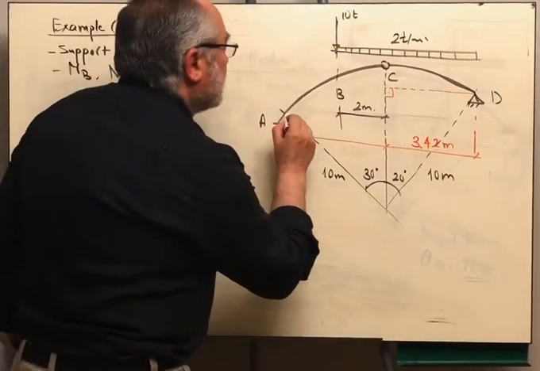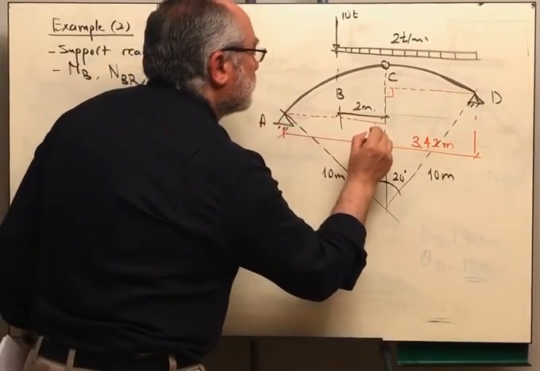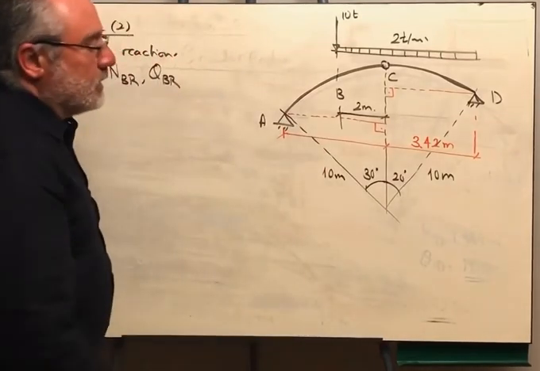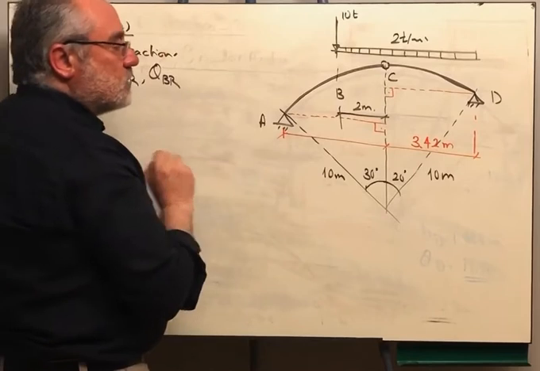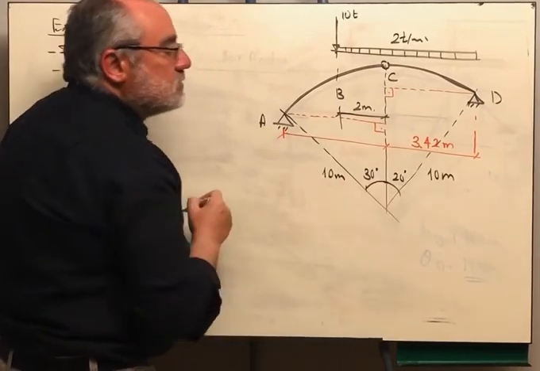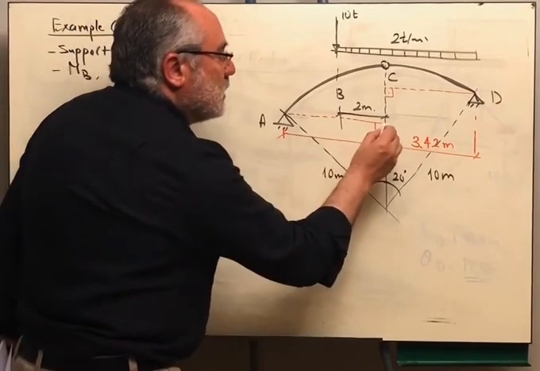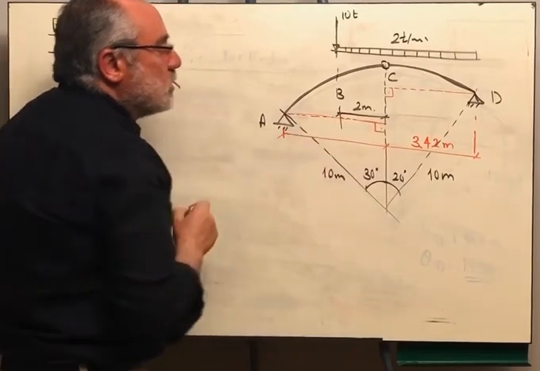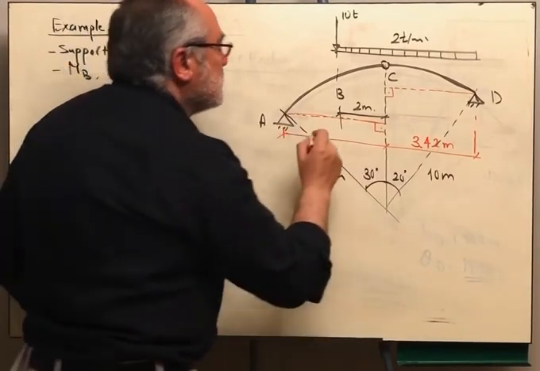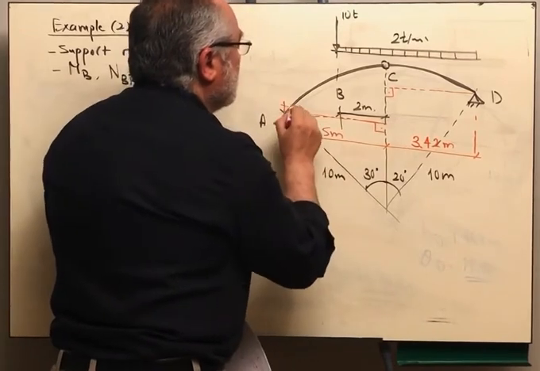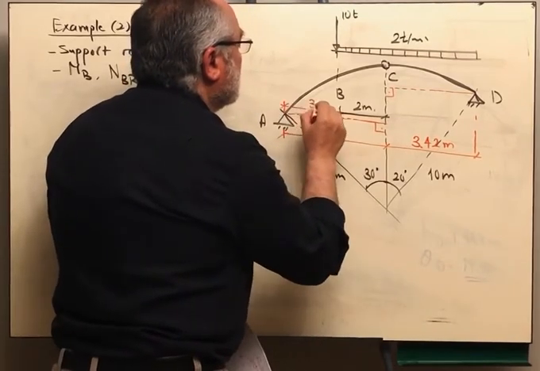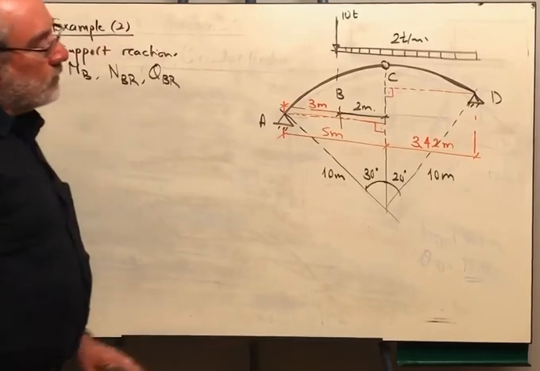And from the other right angle triangle, the hypotenuse is 10 meters because this is a circle. The angle subtended at the center is 30. This distance will be 10 sine 30, which is 5 meters. This means that the remaining distance here will be 3 meters.